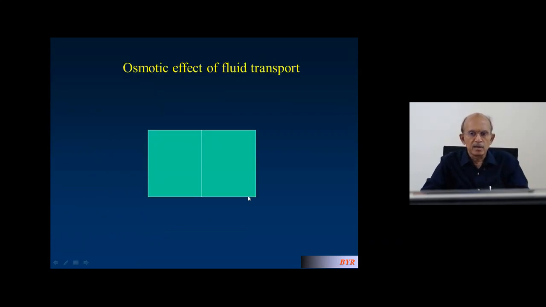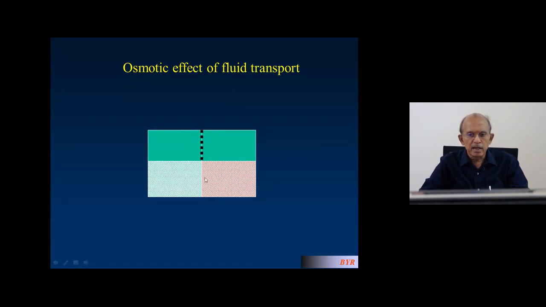Osmotic effect. I hope all of you know about the osmotic effect. Let's suppose you take a big chamber separated with a semi-permeable membrane. Water in both the compartments will come to an equal level. Now add some salts to this compartment.